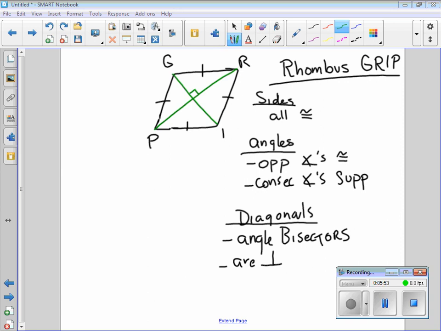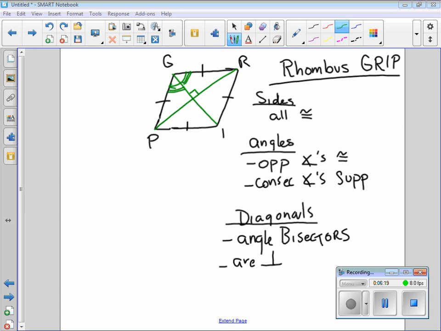Not necessarily, but they immediately start creating right triangles. I'm thinking Pythagorean theorem, special triangles, or the trig stuff. And the diagonals also bisect the angles. So whatever this whole angle is here, half of it is here and half of it is there. That's true for all the other angles.